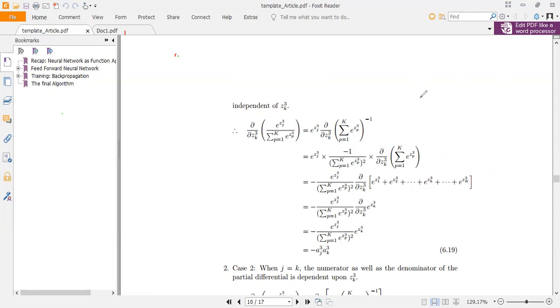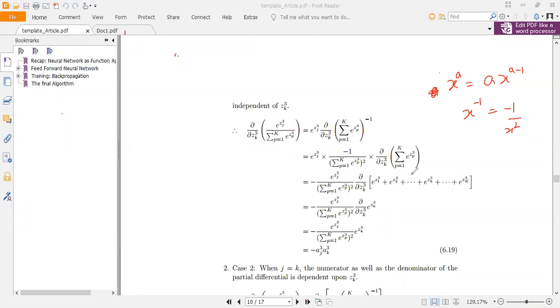The inverse, so we know that the derivative of x to the power of a is equal to a times x to the power of a minus 1. So naturally x to the power minus 1 will give minus 1 over x square. So that's what we have done, minus 1 over this whole term raised to power 2 multiplied by the differentiation of this whole term. Fine.